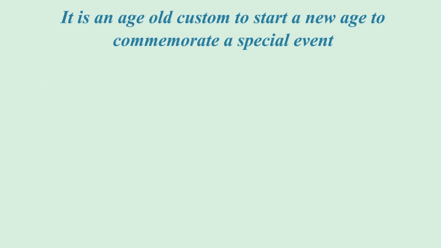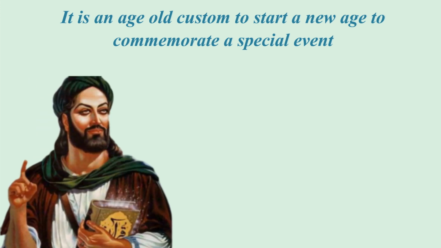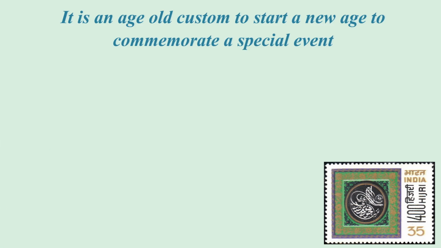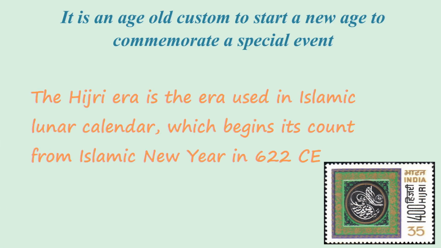Second, the migration of Prophet Muhammad from Mecca to Medina started the Hijri era. The Hijri era is the era used in the Islamic lunar calendar, which begins its count from Islamic New Year in 622 CE.